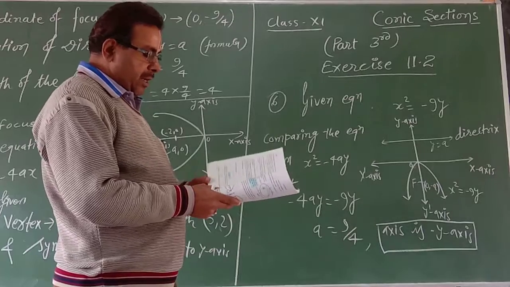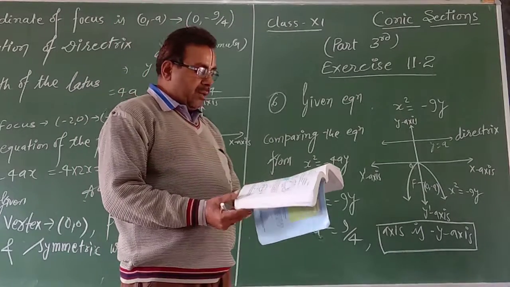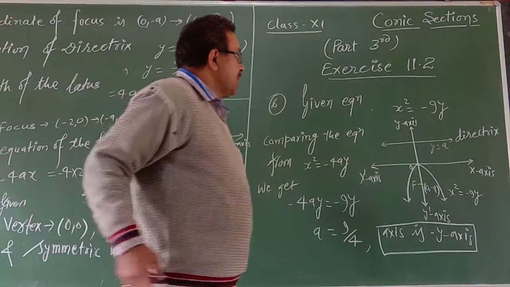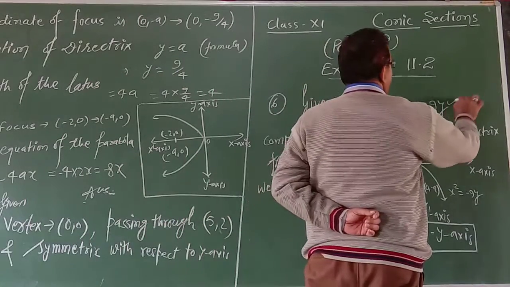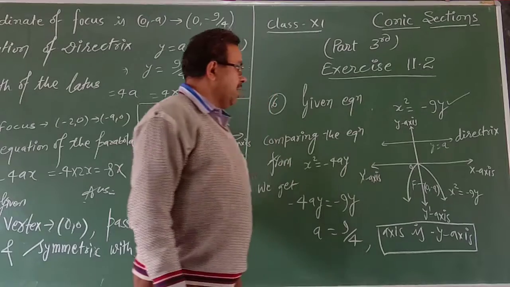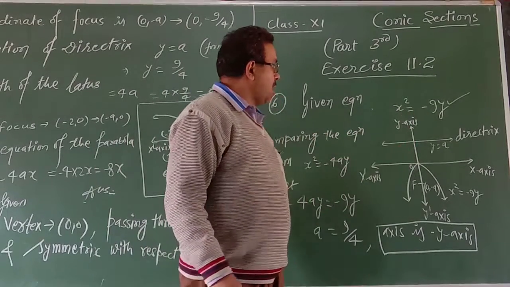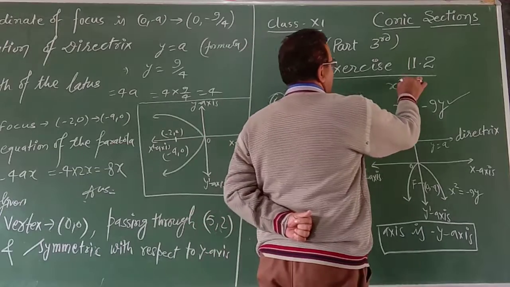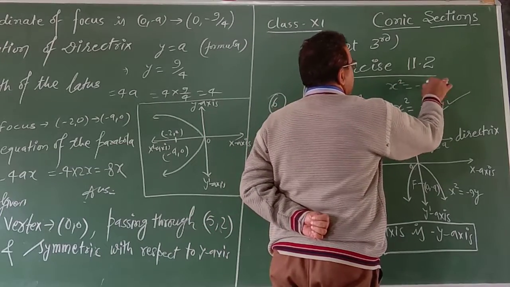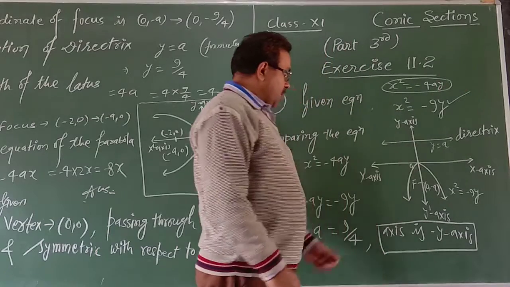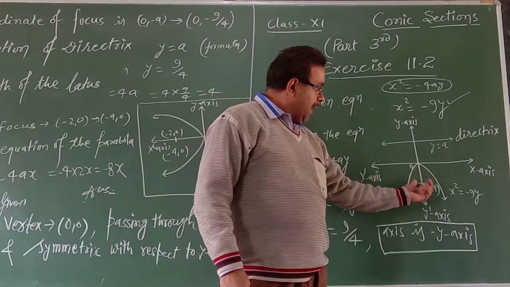If we are given the equation of the parabola x square is equal to minus 9y, according to this equation, it is in the form of x square is equal to minus 4ay. On this way, we draw a figure.